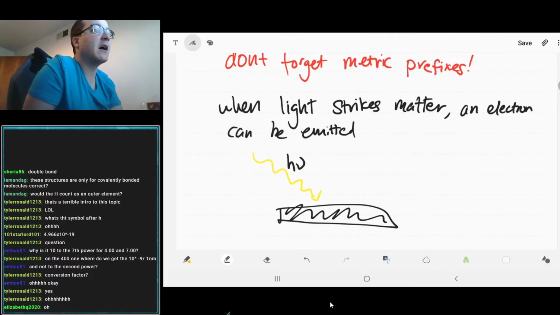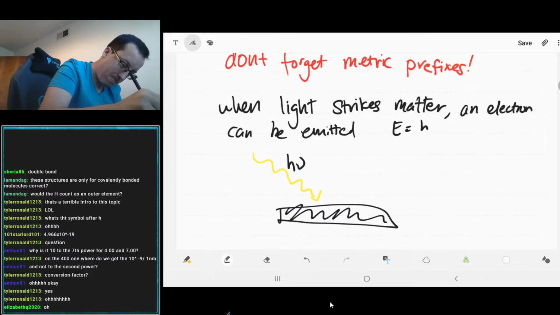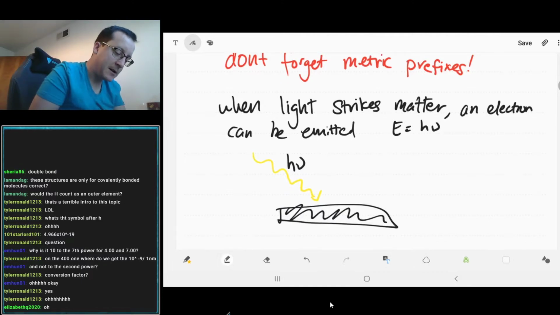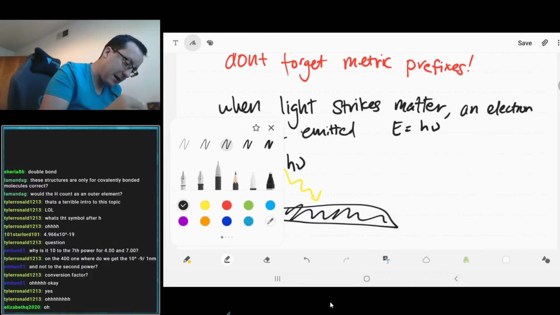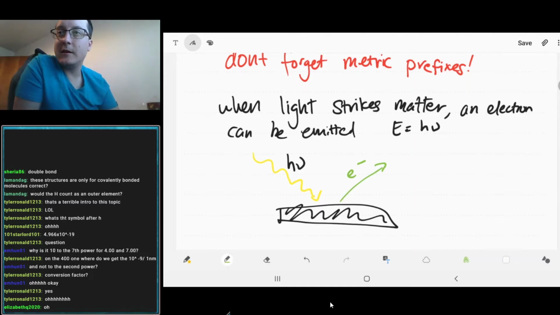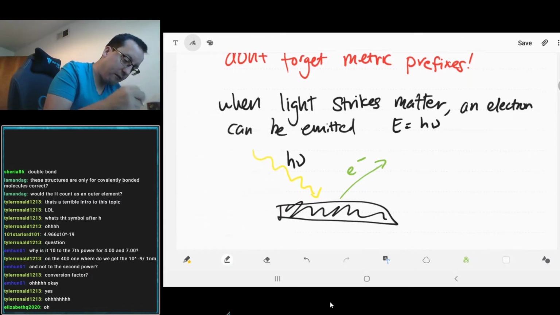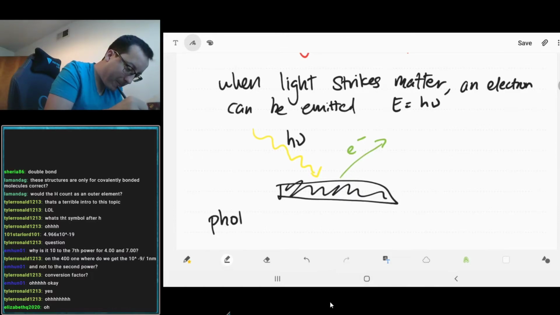We often just describe photons as h nu. Energy is what we're saying there. Remember, energy is h nu. Don't forget that. I'm going to say an electron can come out. And this is what's called the photoelectric effect.